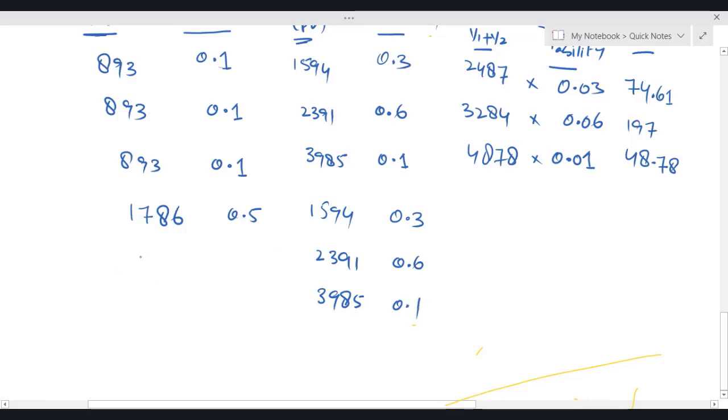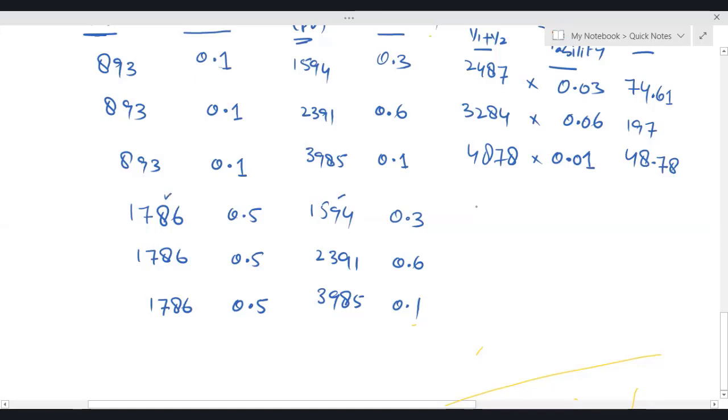Now just repeat it. I would say the same thing again. If you have made first 4 columns, then the rest of the 3 should not be bothering you at all, because the rest of the 3 columns actually depend on the first 4 columns. So 1786 plus 1594. I just added these two.